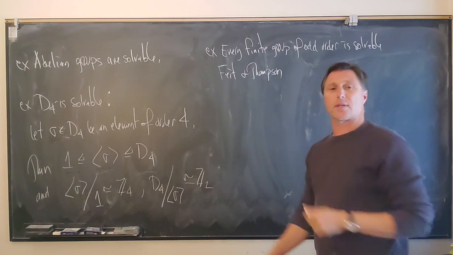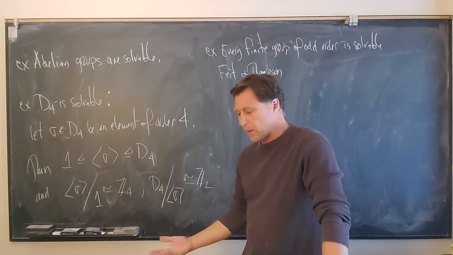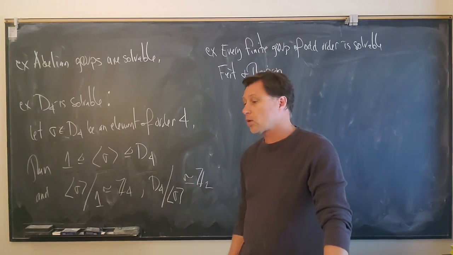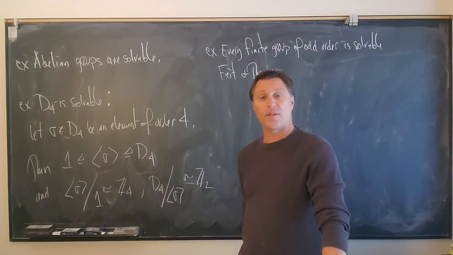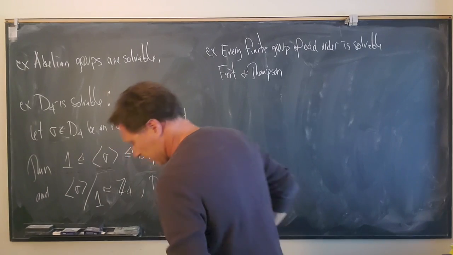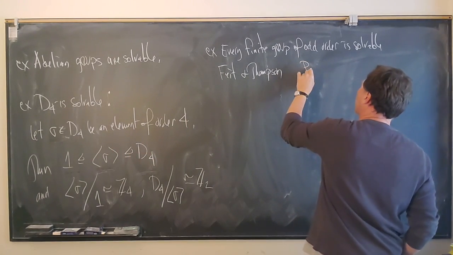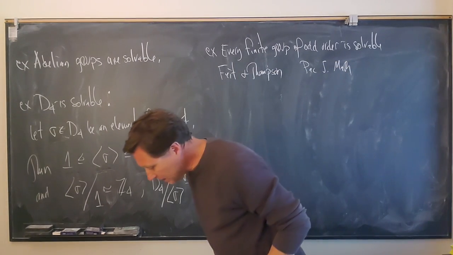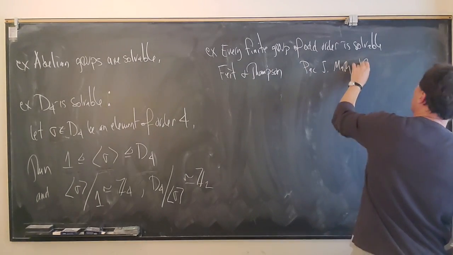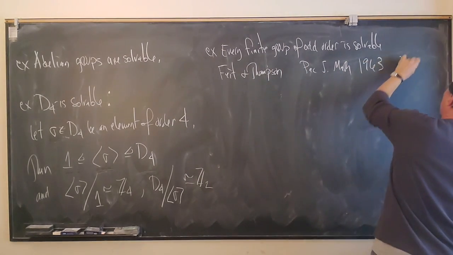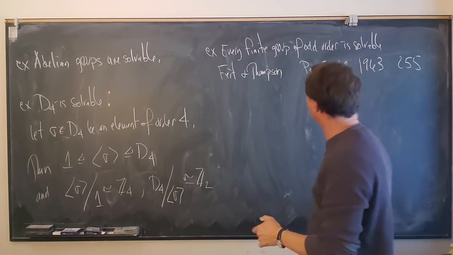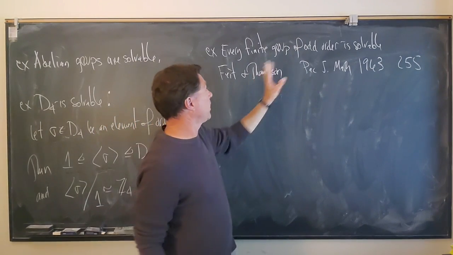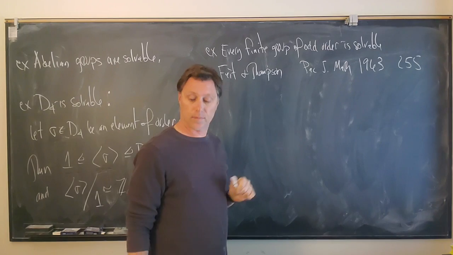And remember, this is the one where I was talking about how usually when you publish a paper, it appears in a journal, and a journal typically has 4, 5, 10 different articles in there. This one took up the entire 255 pages of one journal. It appears in the Pacific Journal of Math, 1963, and it takes 255 pages. This is a big deal. So every finite group of odd order is solvable. And this was used then to help in the classification of finite simple groups.